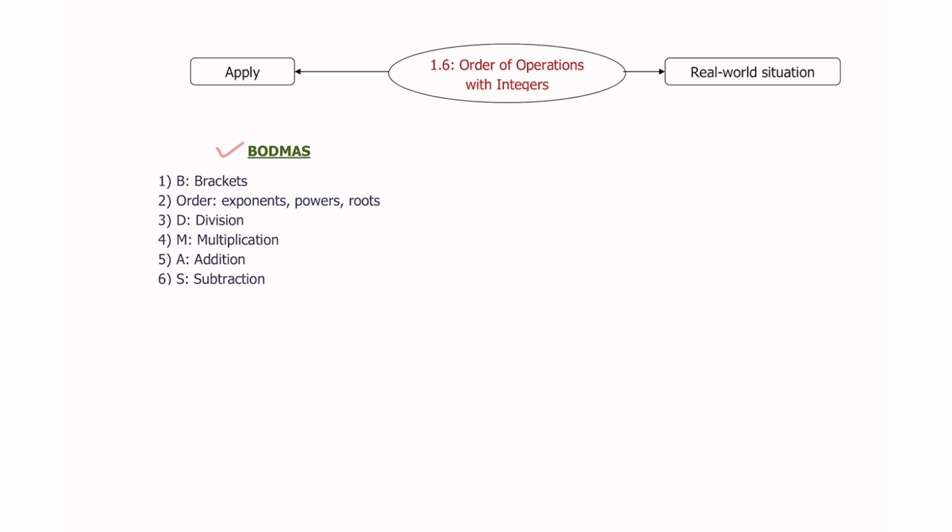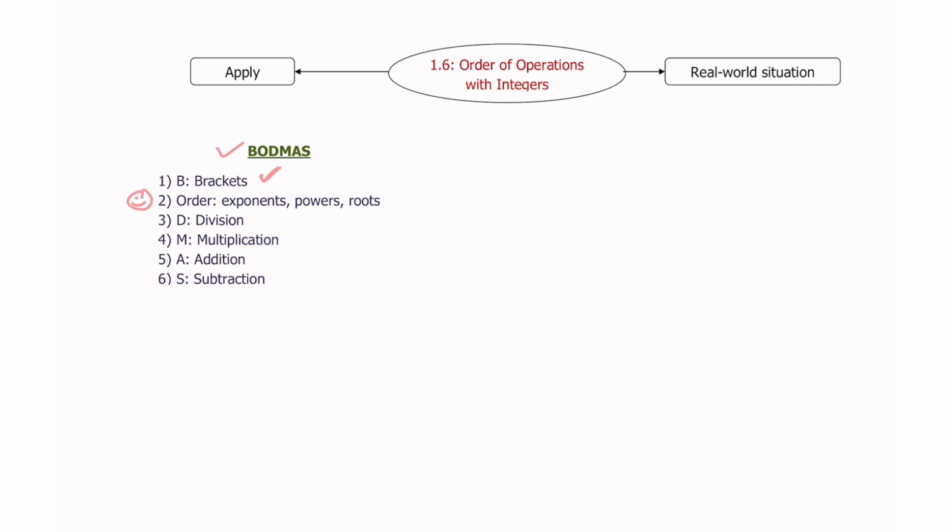B stands for brackets, O stands for order, which is exponents, powers, roots. For this chapter, we don't have to engage with this, so we don't need to worry about it. Then D for division, M for multiplication, A for addition, S for subtraction. It means that when you are given an equation to solve, the first thing you need to solve is the brackets.